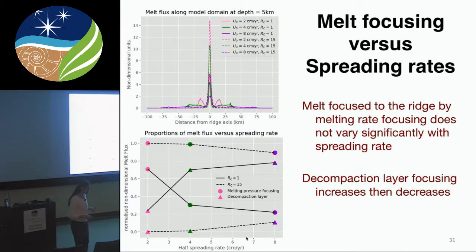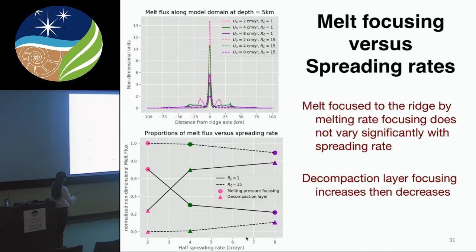So to try to quantify how much melt focusing is present in either of the models, decompression layer versus melt pressure focusing, I pretty much take a profile at 5 kilometers depth across all the models. And then you can see this little blip on the side. And those are all the melt that's coming in because of compaction pressure.